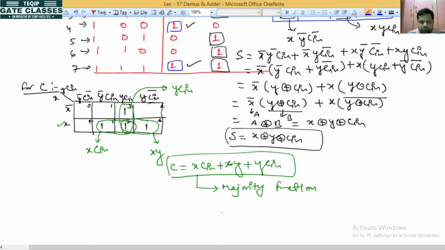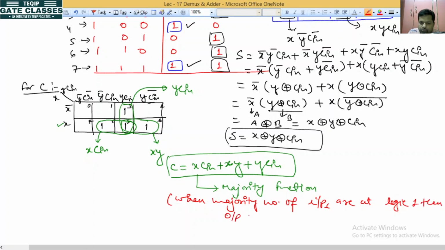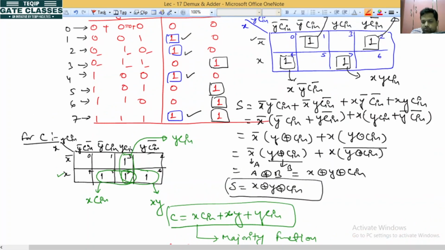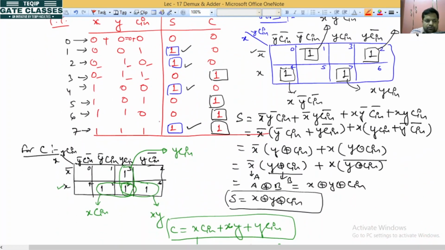What is the definition of majority function? So when majority number of inputs are at logic 1, then output will be 1. Okay na? If you want, you can check. Majority number of inputs are 1, then output will be 1.